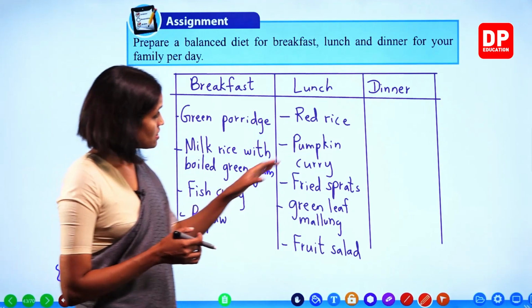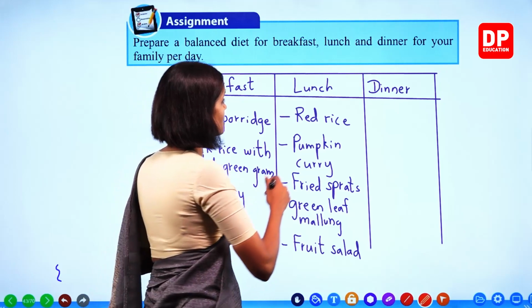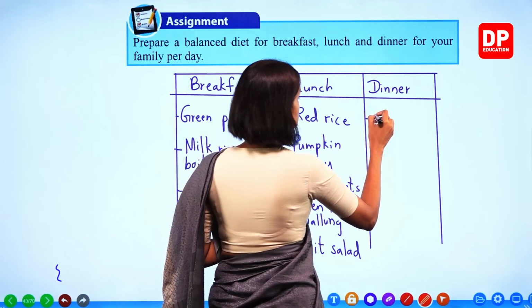Right, children? So dinner, we will write. Let's write string hoppers.